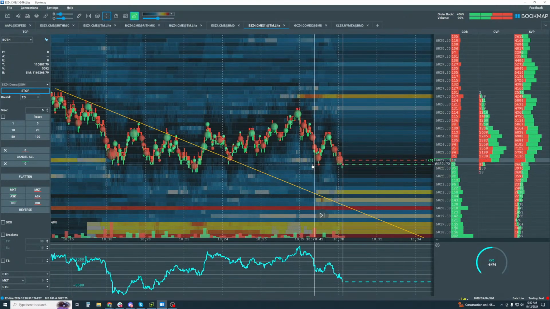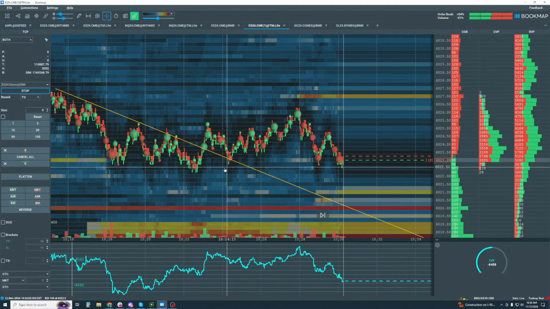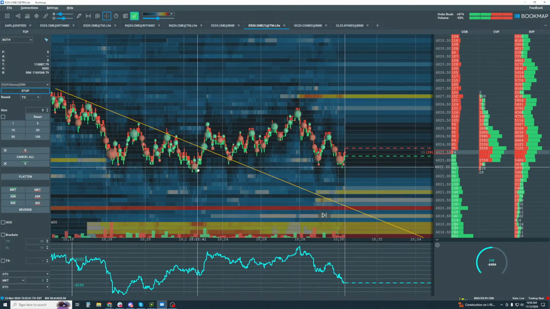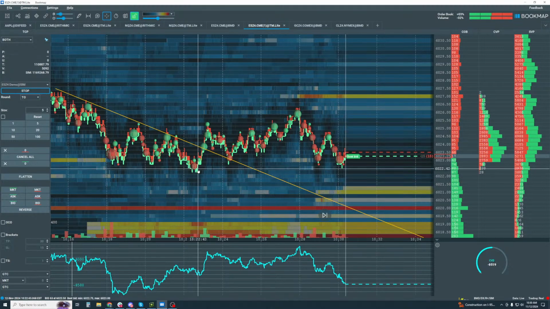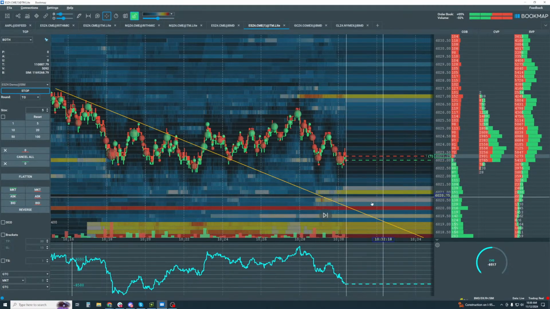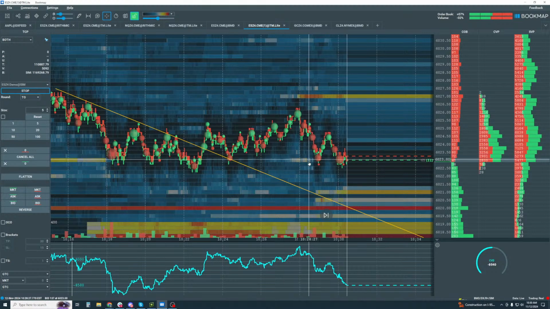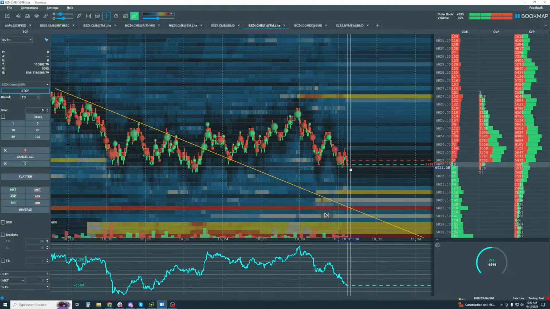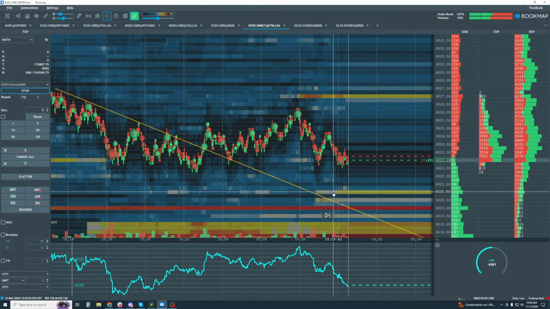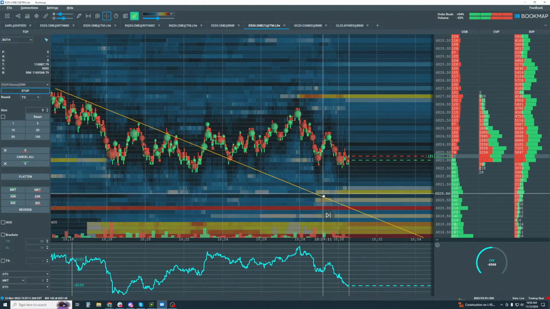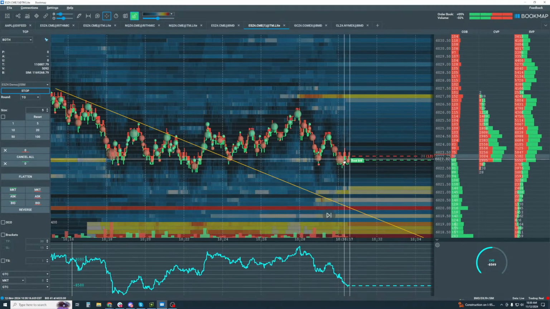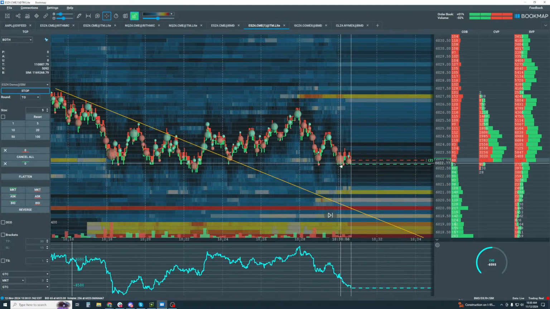Now it's getting pretty interesting here. Here's our sellers, and now the same thing. We're looking for sellers to make an equal low or a lower low here. Now, what is this telling us in here? They're bidding up in here, so we see the bid at a higher level. We're getting sellers in here, but are these sellers gaining traction?